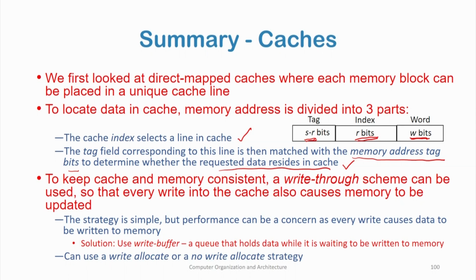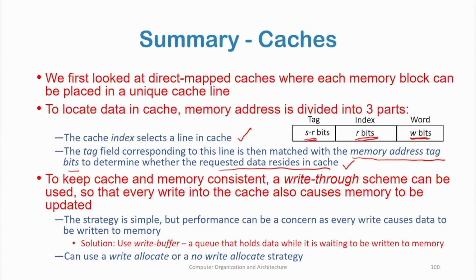In this situation, I first bring the block of memory from the main memory into the cache and then write onto this cache line. Subsequently, I also write into the memory because it is a write through cache.